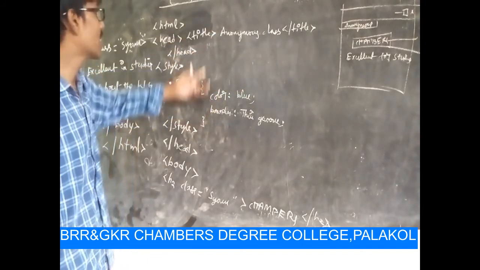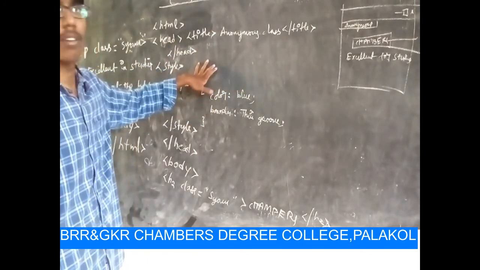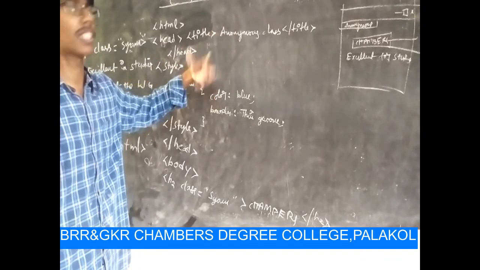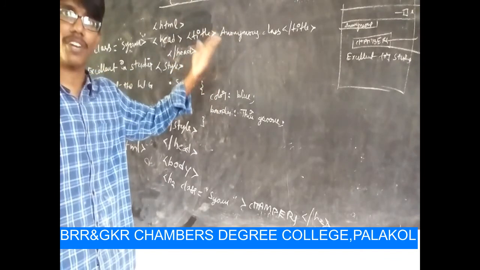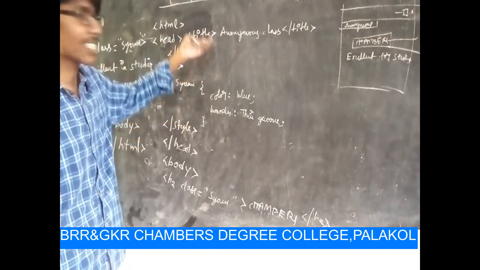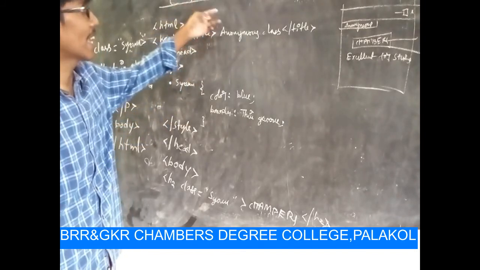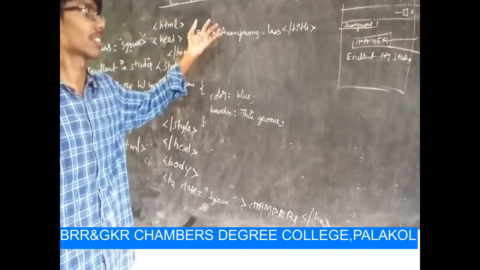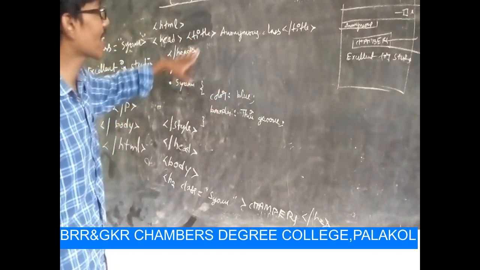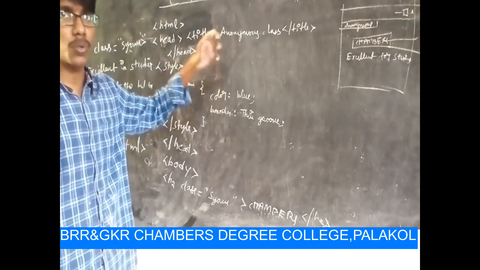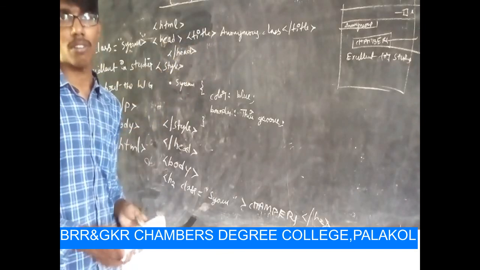This is the entire concept of preparing our own styles using these different concepts: cascading rules, anonymous classes, and classes. This is the complete information regarding preparation using different styles. Okay, thank you.